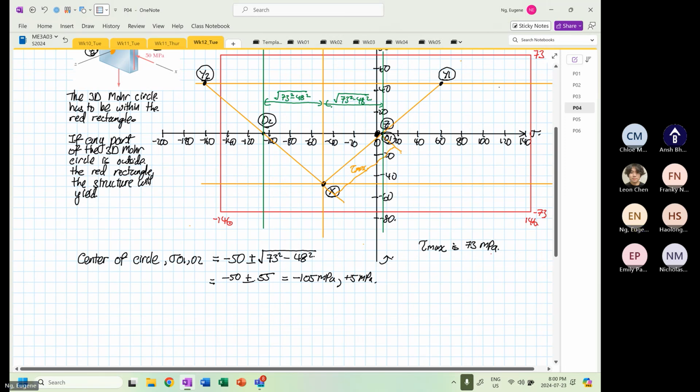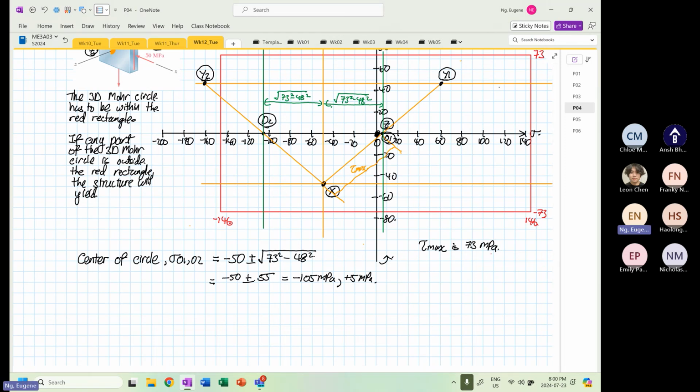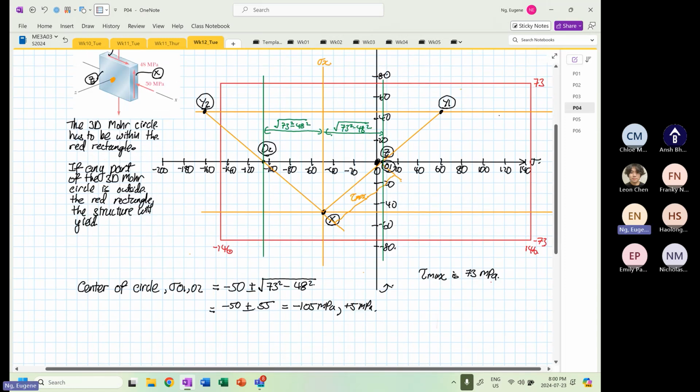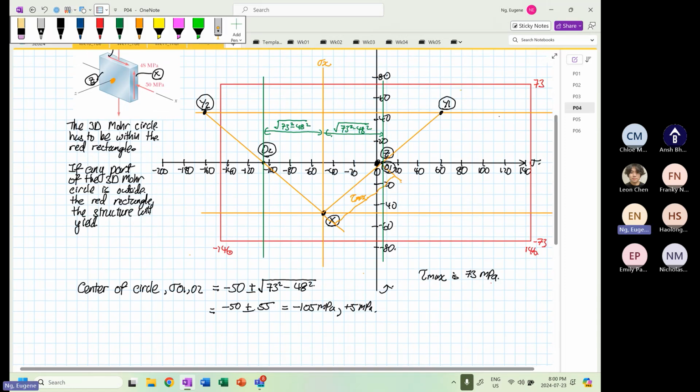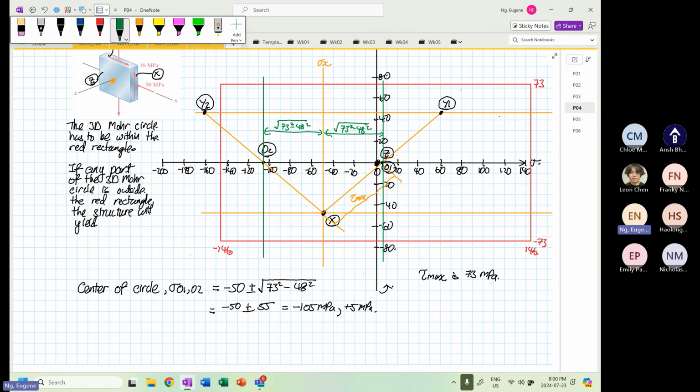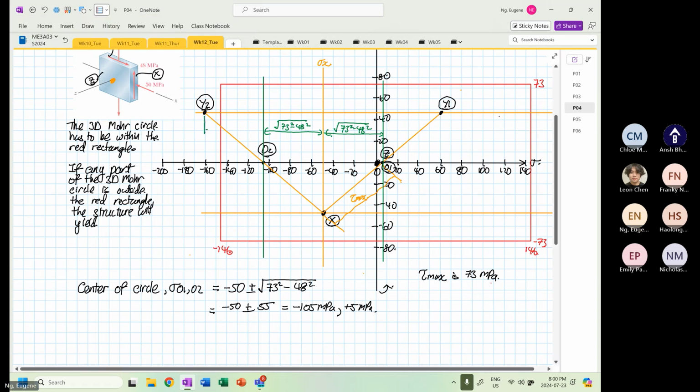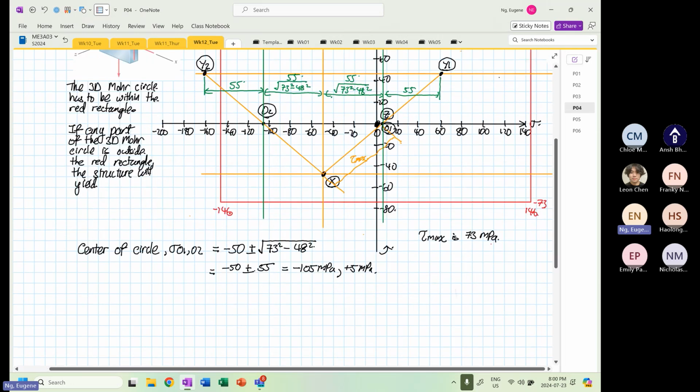If we want to calculate stress Y1, we are also aware that this distance from here to here is equal to 55, and the distance from here to here is also equal to 55, because 73 squared minus 48 squared gives 55.